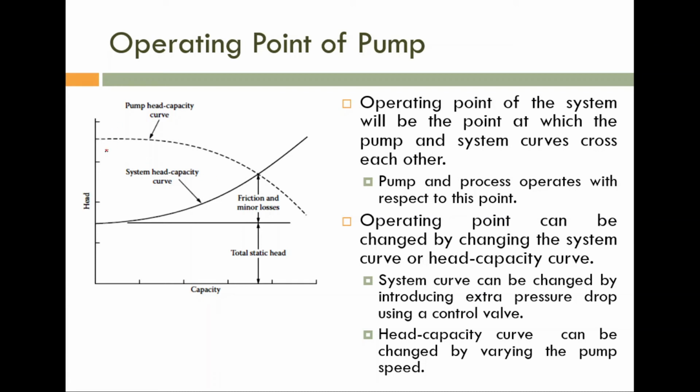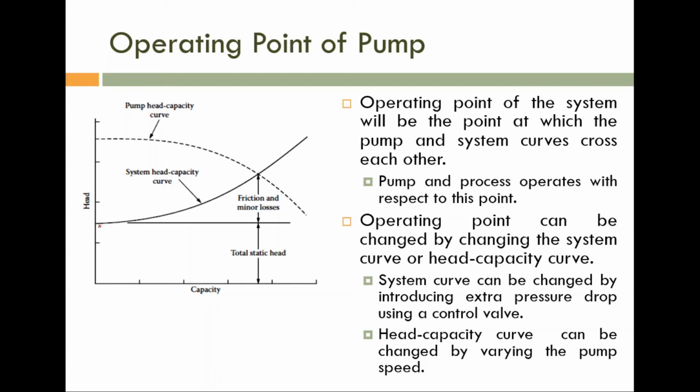Now initially, if you are starting the pump, flow rate is 0, what will happen? Initially the discharge pressure given by the pump is very large, and that discharge pressure is greater than the system frictional loss. It is greater than the system curve, so definitely flow rate will increase.